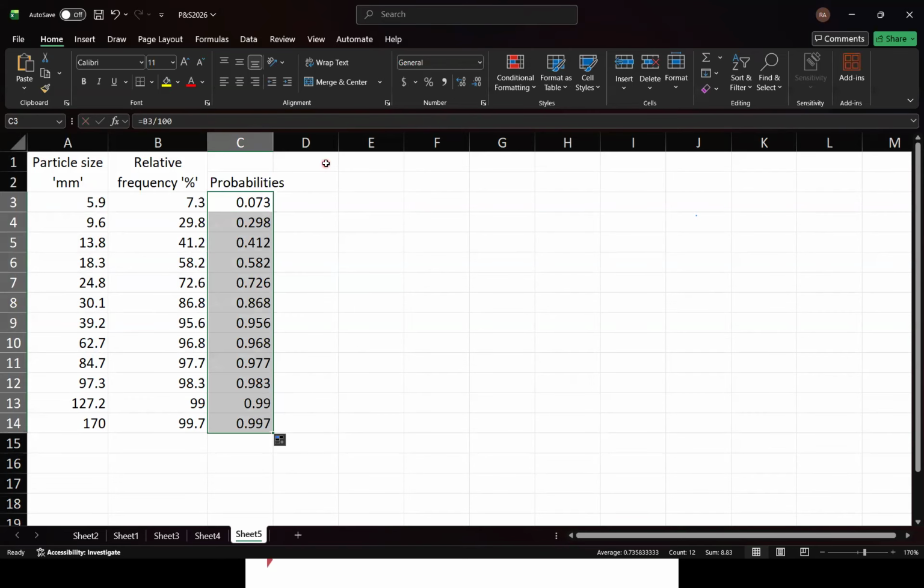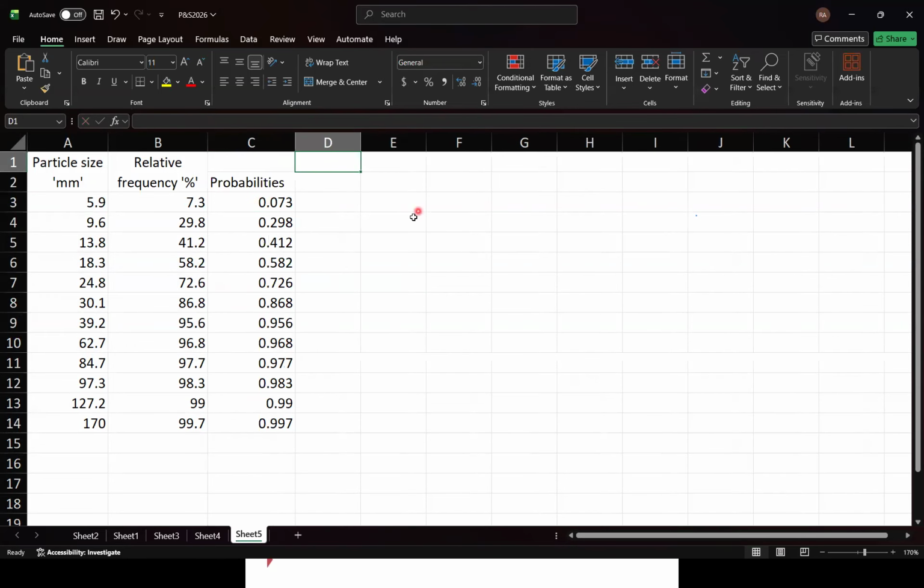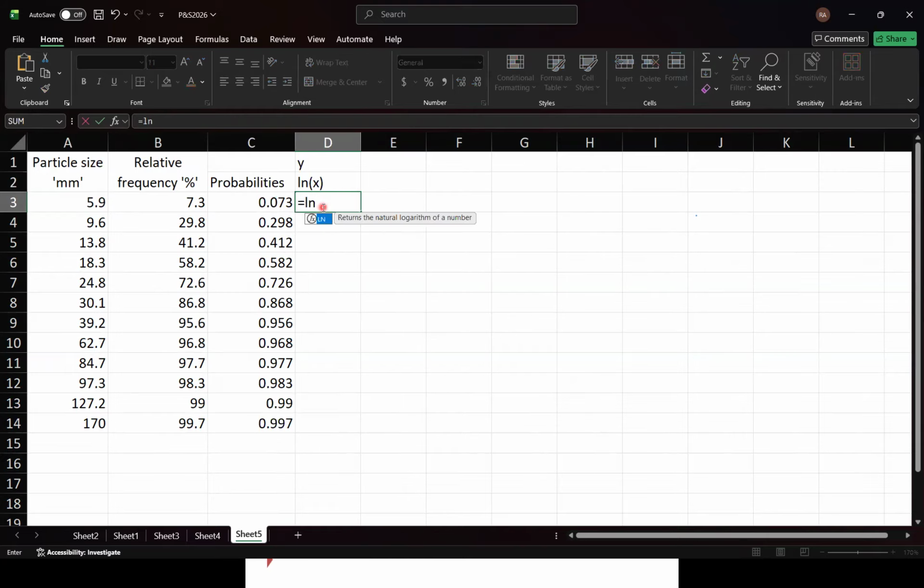We will first transform the variable to y. Here we are assuming that the particle size x is log normally distributed. Therefore, the variable y, which is defined as log of x, will be normally distributed. So I define the natural log of x values.